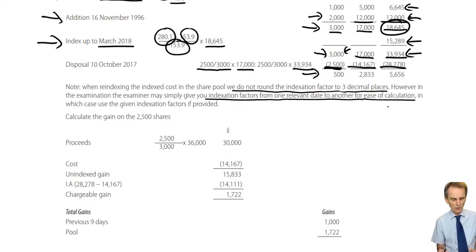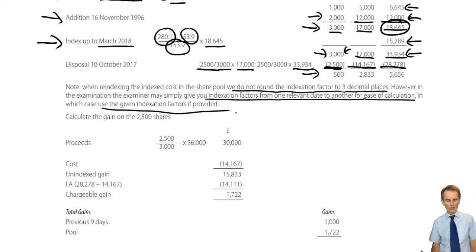If they provide you with those figures, use them. Use the given indexation factors if provided. They're not trying to trick you there, just use the figures that they provide to you.